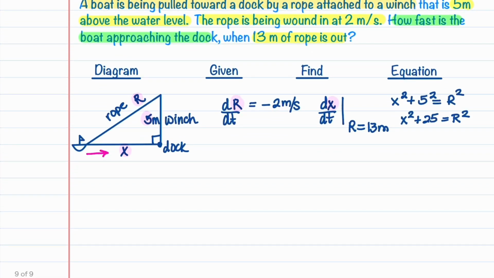We're now going to take that equation and differentiate it with respect to time. So let's write down x squared plus 25 is r squared, and we're going to take the derivative with respect to time of both sides of our equation.